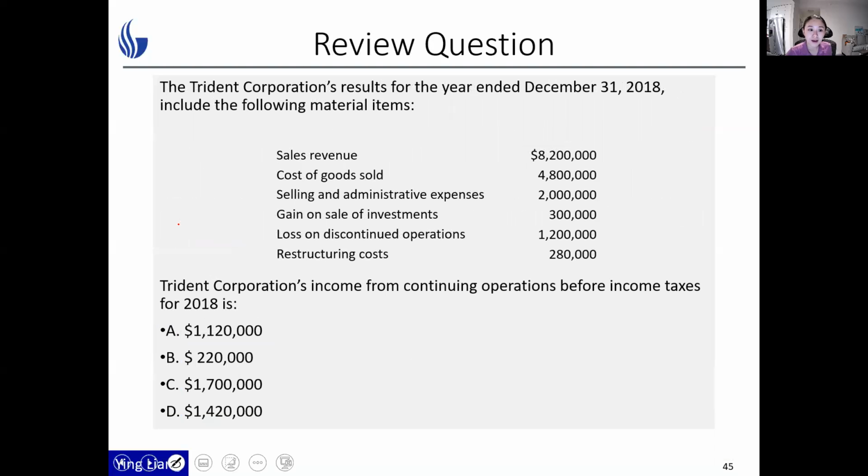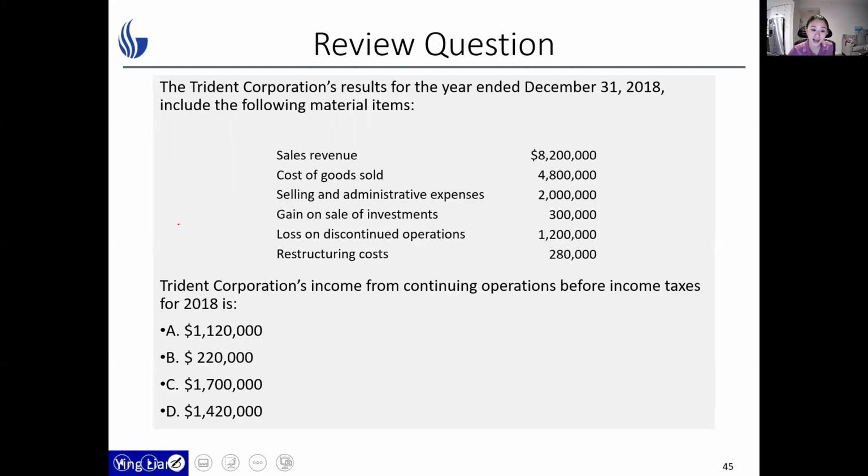Number 3, the Trident Corp results for the year ended in 2018 includes the following material items. Well, we have sales revenue, cost of goods sold, selling and administrative expenses, gain on sale, loss on discontinued operations, as well as restructuring costs.